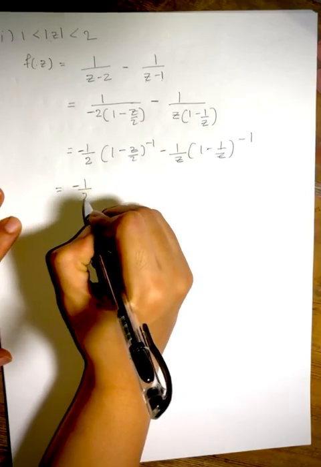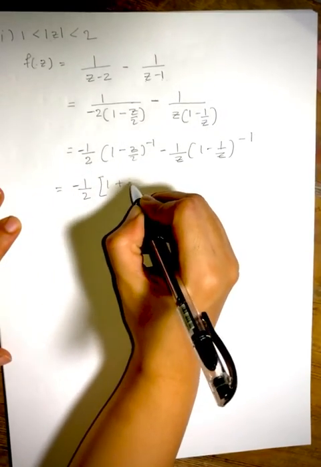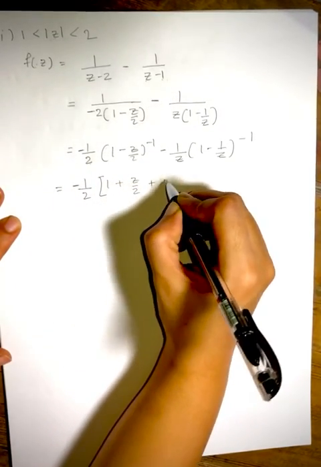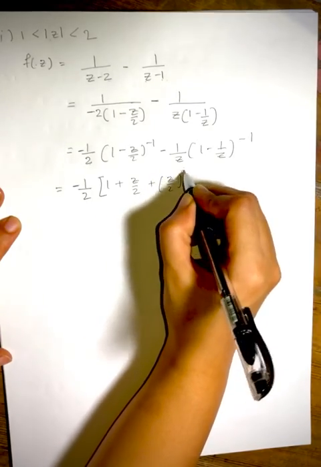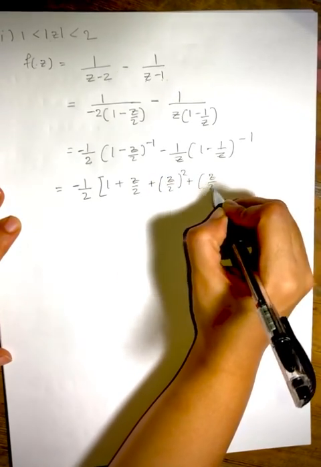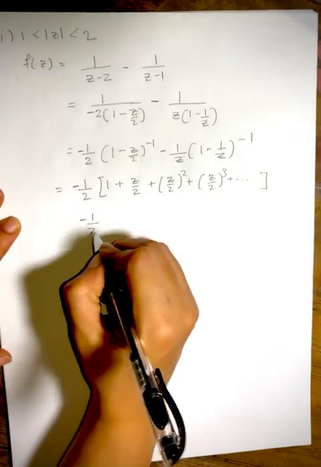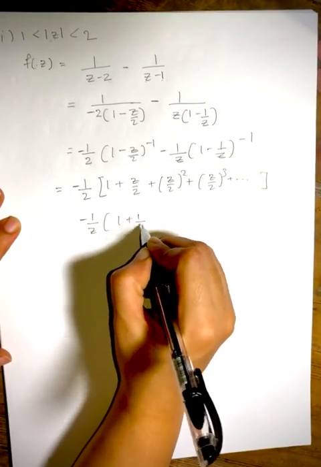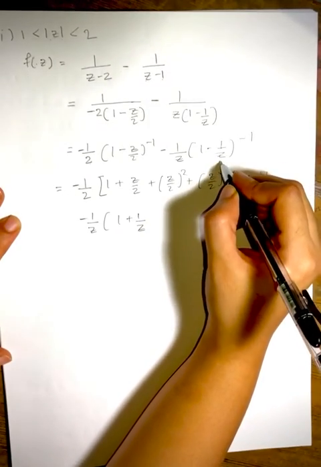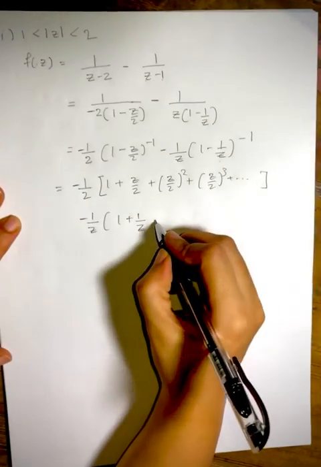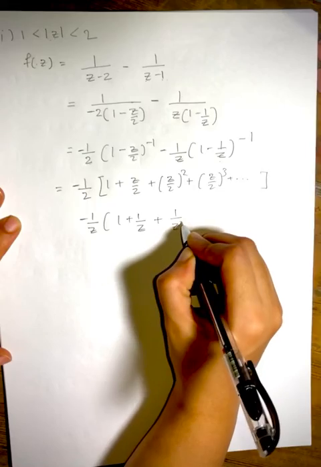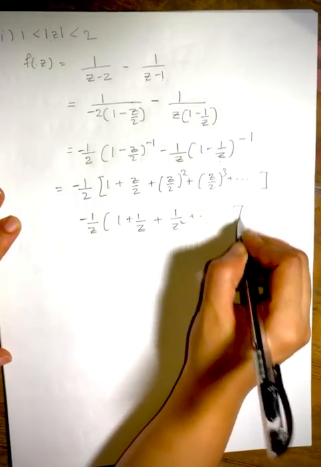So it's minus half into 1 plus z by 2 plus z by 2 square plus z by 2 cubed and so on, minus 1 by z, 1 plus 1 upon z plus 1 upon z square and so on.